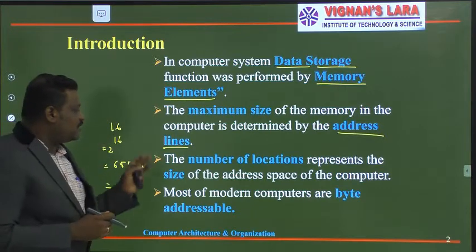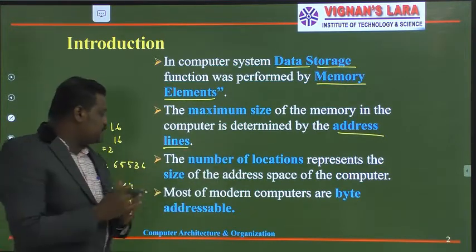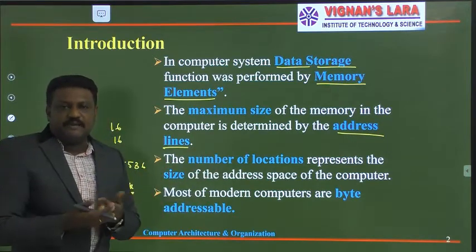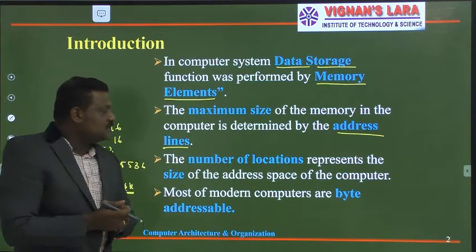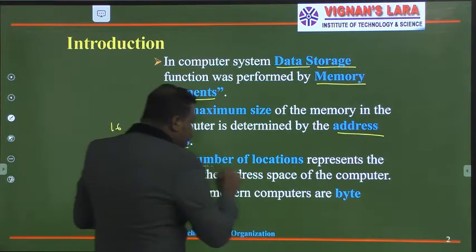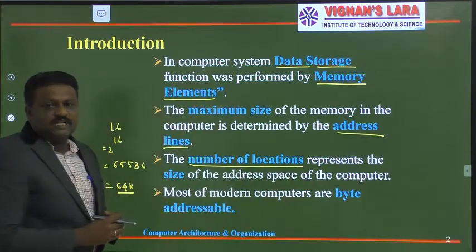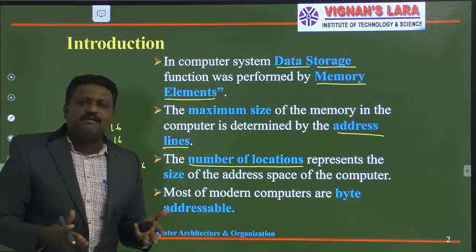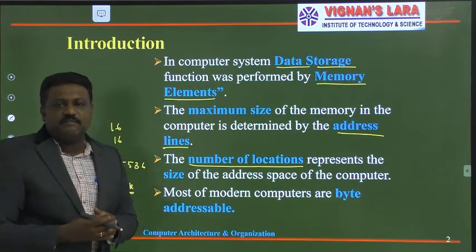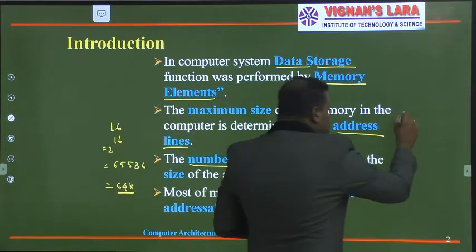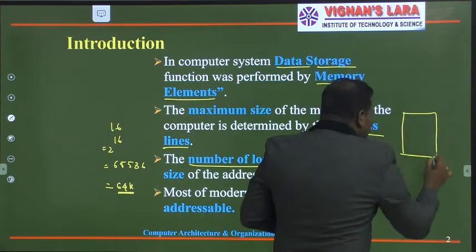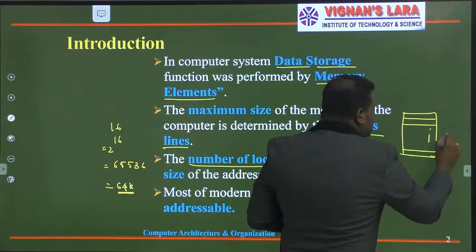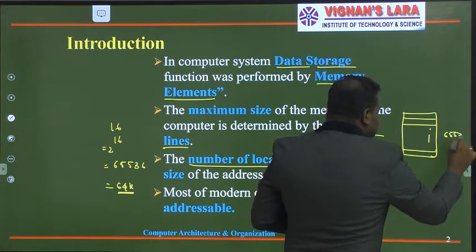Coming to the third point, the number of locations represents the size of the address space of the computer. Absolutely, it is true. The number of locations present in the memory directly or indirectly speaks about the size of a memory. For example, my memory is this. This memory has a total of 65,536 locations.